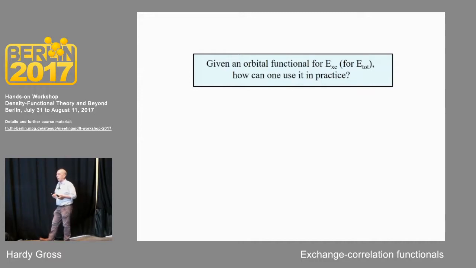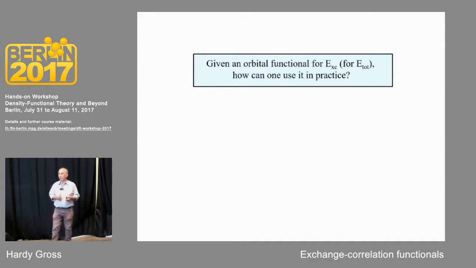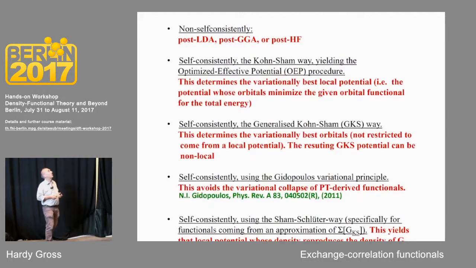Now, once we are given such a functional, what do we actually do with it? There are actually five different ways of dealing with it. So here they are. First way is to use them non-self-consistently.